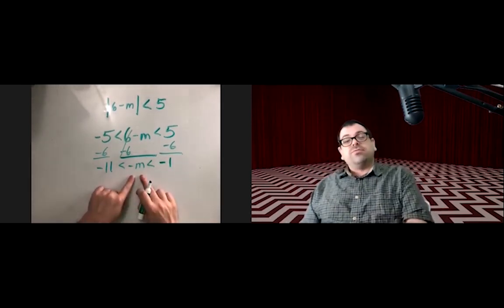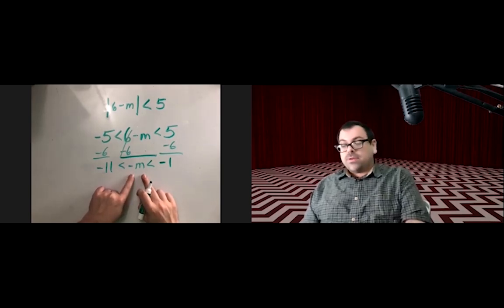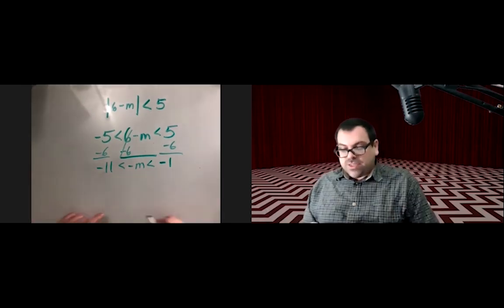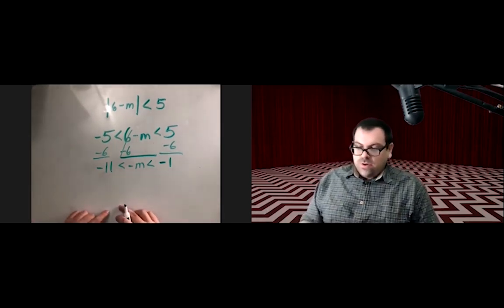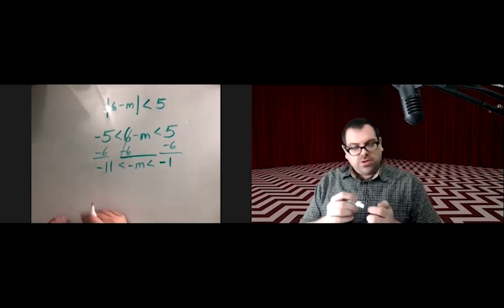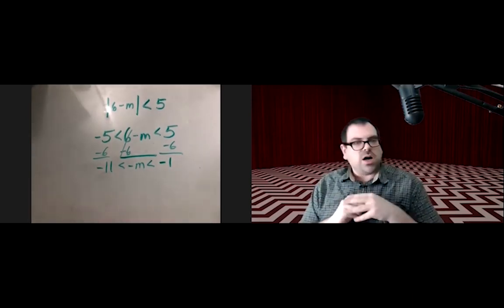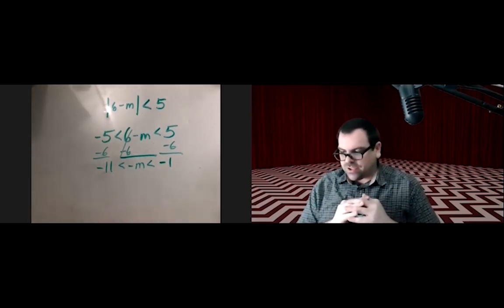We don't want to solve for minus m, though. We want to solve for m. So we can't just go and change all the negatives to positives and just leave everything else alone.